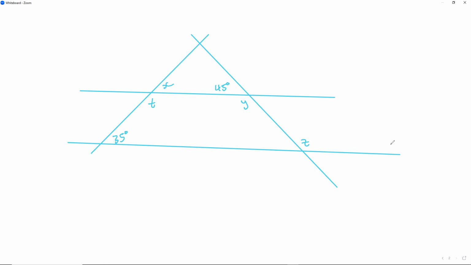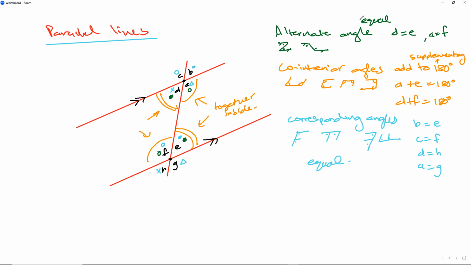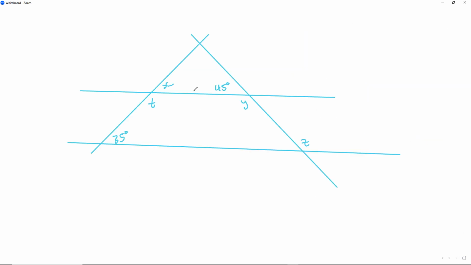Now I'm trying to use the reasons, not formulas: alternate, co-interior, and corresponding for this example. And I want to find x, y, t, and z.